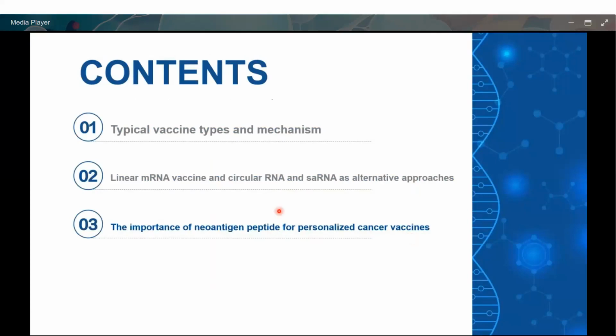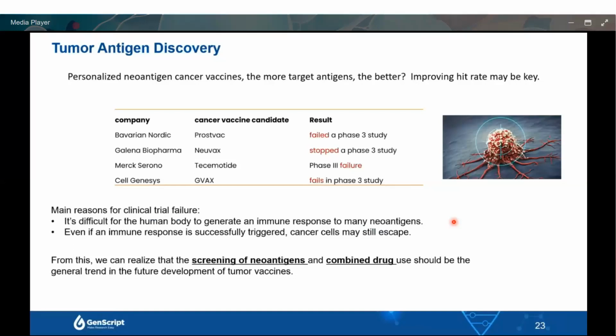Okay, we talked about mRNA, and now let's take a look at the importance of neoantigen peptide for personalized cancer vaccines. Talking about personalized cancer vaccine, first, we should identify the tumor antigen.